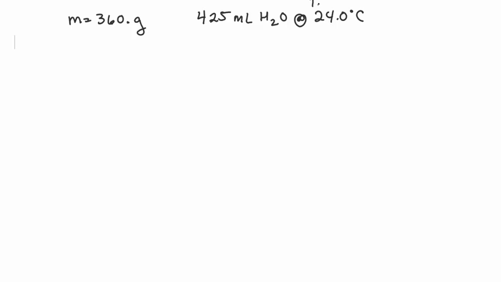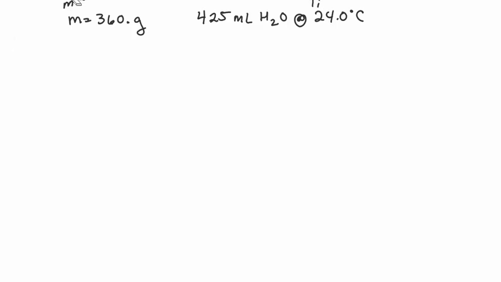For example, if we have a hot piece of metal, and that hot piece of metal has a mass of 360 grams, it's submerged in 425 milliliters of water, and that starts at a temperature of 24.0 degrees Celsius.